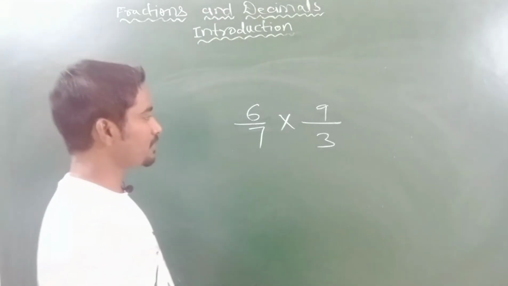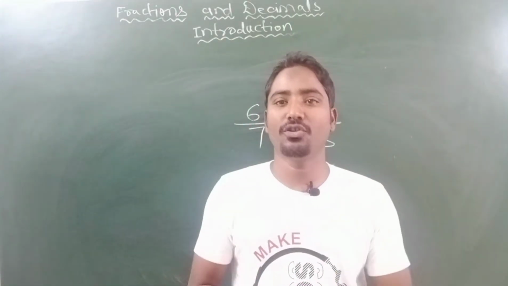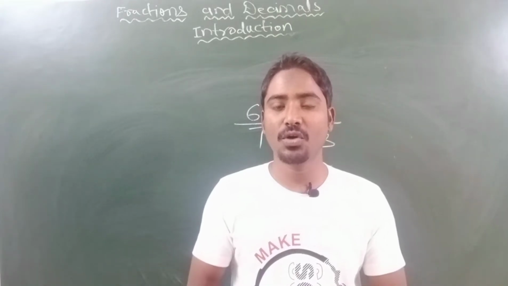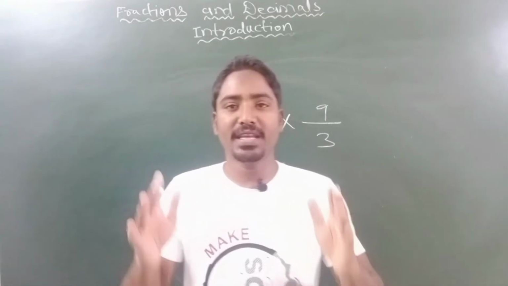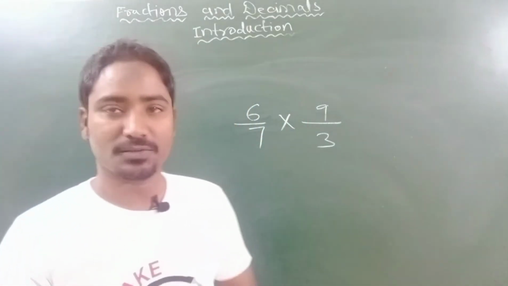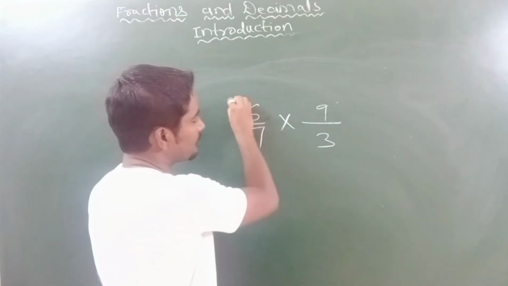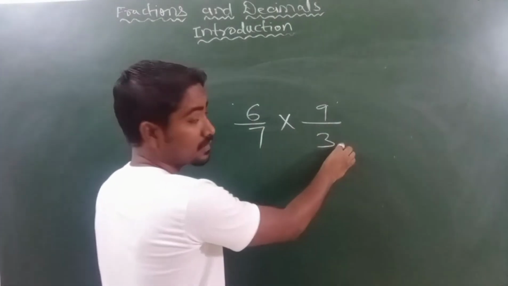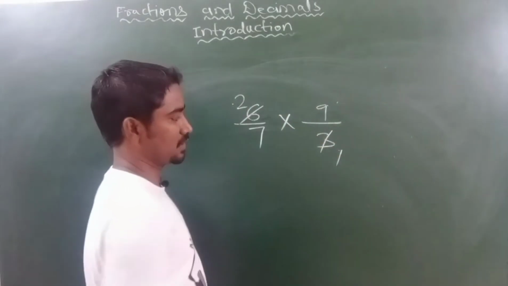Here again we will find the common factor between numerator and denominator, and then we will simplify it to the simplest form. If you see, between these two no common factor, between these two yes there is a common factor. So 3 ones are 3 and 3 twos are 6.